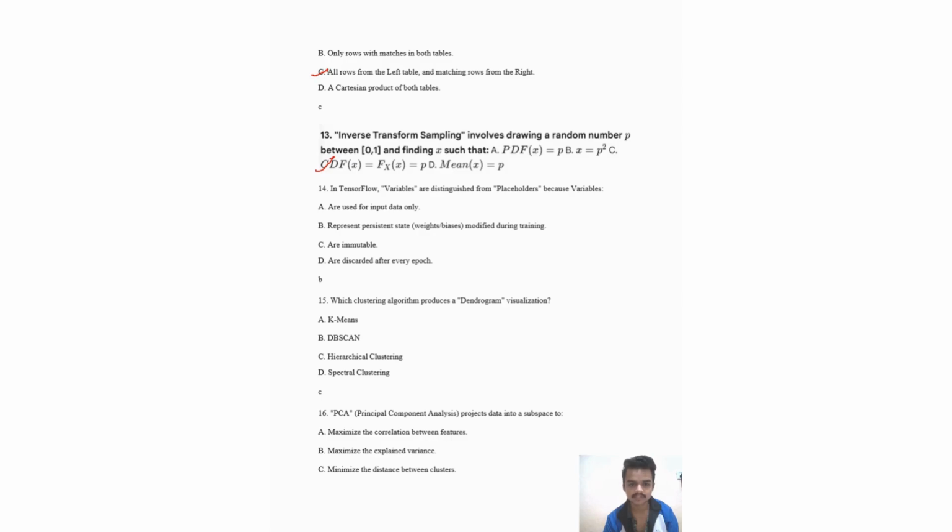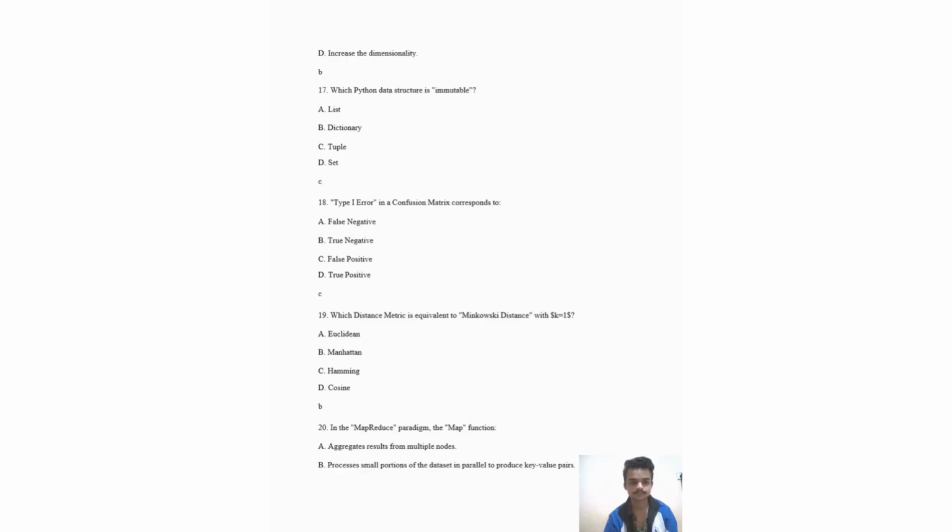In TensorFlow, variables are distinguished from placeholders because variables represent persistent state, weights and biases modified during training. Which clustering algorithm produces a dendrogram visualization? Hierarchical, obviously. PCA, principal component analysis, projects data into a subspace to maximize the correlation between features, maximize the explained variance, or minimize the distance between clusters. So here the answer will be maximize the explained variance.